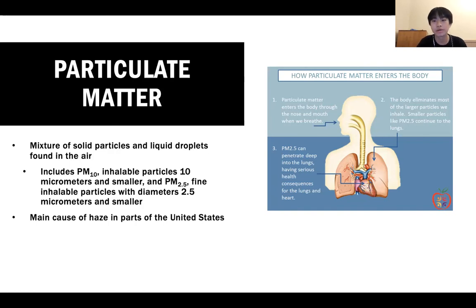But smaller particles like PM2.5 continue to the lungs, and it can have serious health consequences for the lungs and the heart. Particulate matter is a mixture of solid particles and liquid droplets found in the air, and it's the main cause of haze in parts of the United States. Smaller particles can have an adverse impact on human health because it can easily enter the body, and the body cannot eliminate it since it's very small.